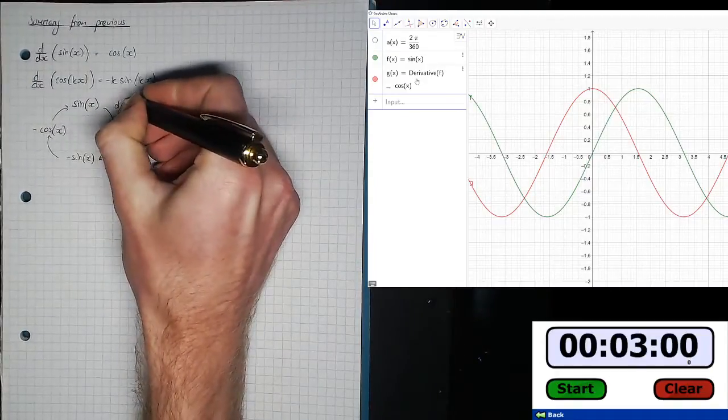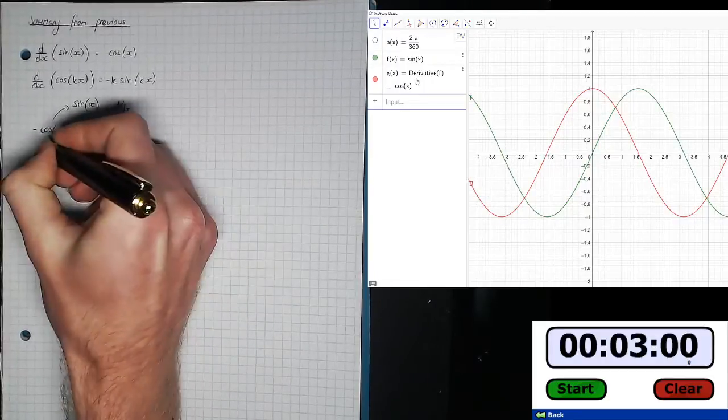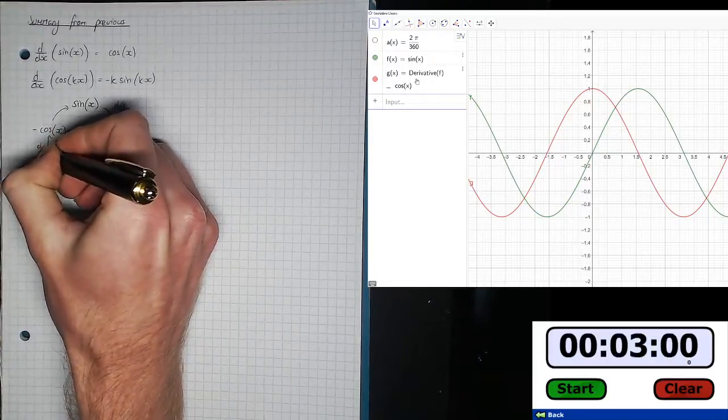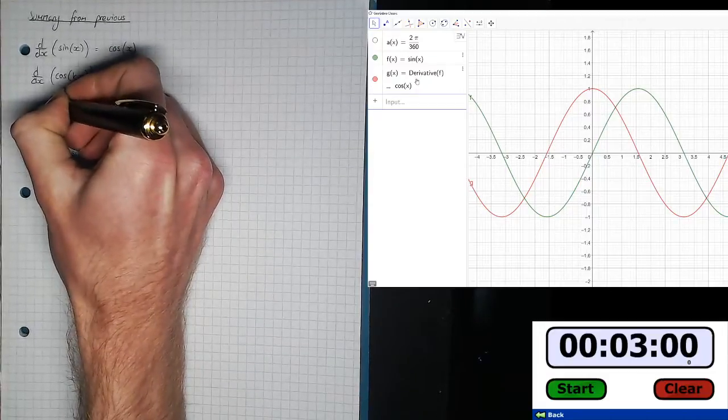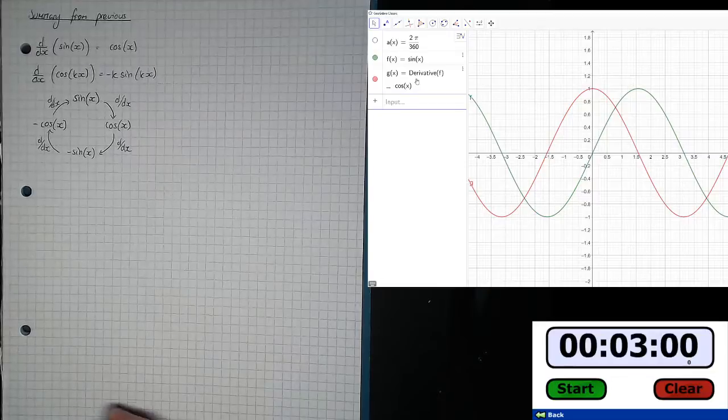Okay? And all of these, to get around in this circle, all we're doing is differentiating. Okay? And so what we want to have a think about now is, well, if we know how to differentiate, do we know how to integrate?